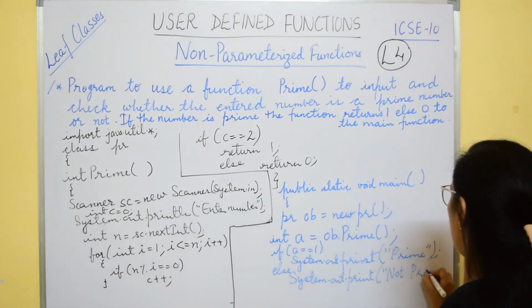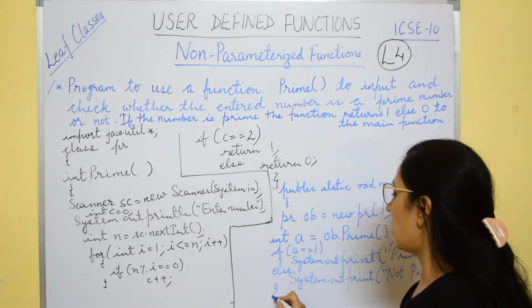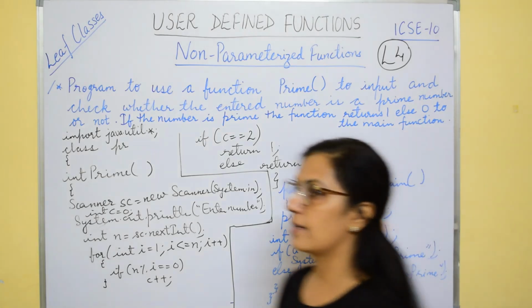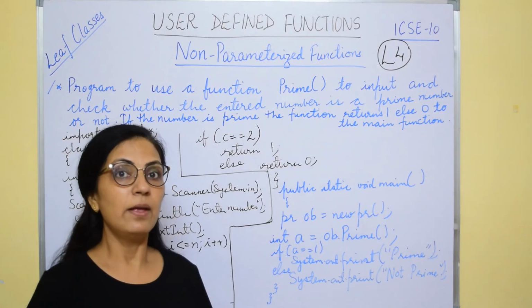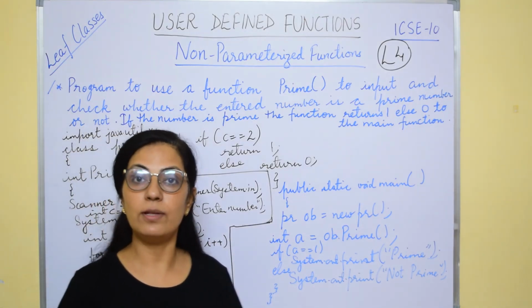Like this we will be doing, and then we will close main and then close the class. Now here the same program we did before without return, here we are doing with return.